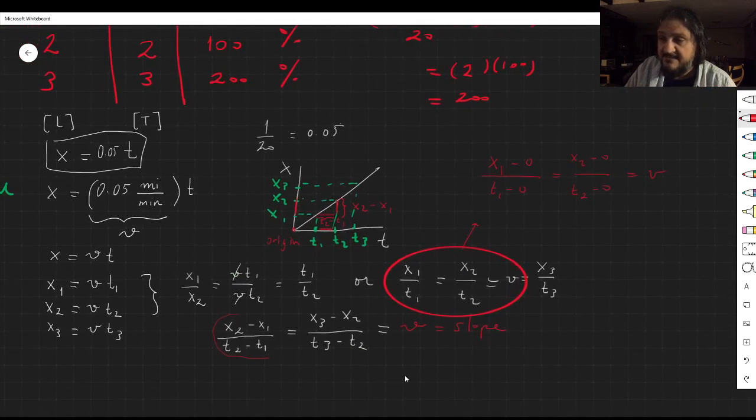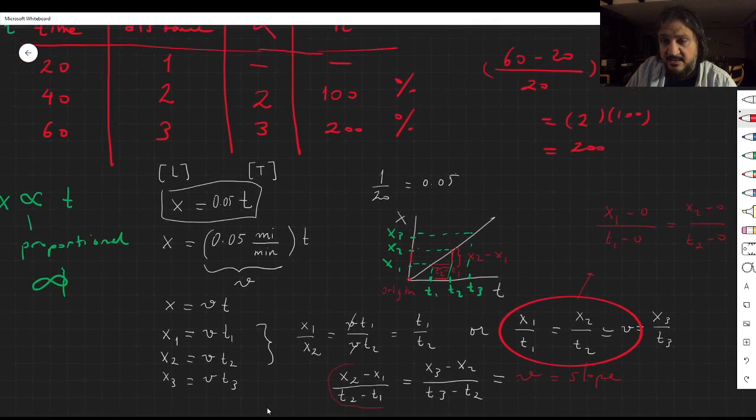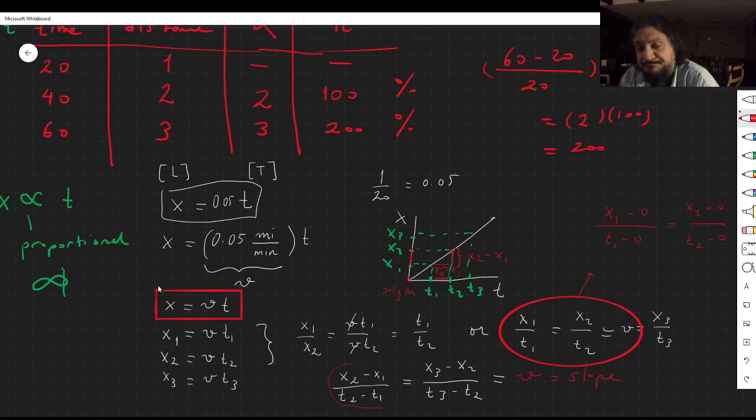So that's how you find it. But the important thing we now have is this: x equals vt. This looks like a formula, right? A formula for getting the distance in terms of time spent walking, if you're assuming a steady walking speed.